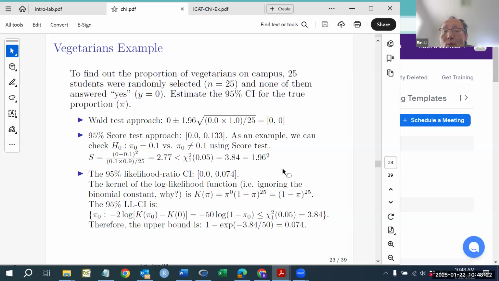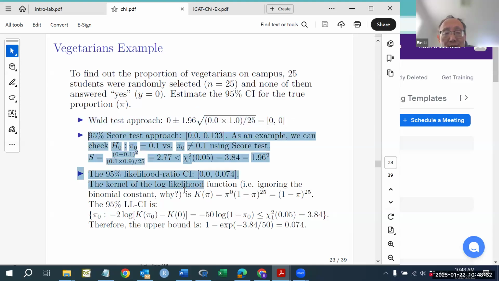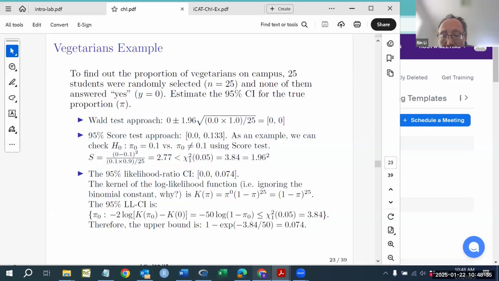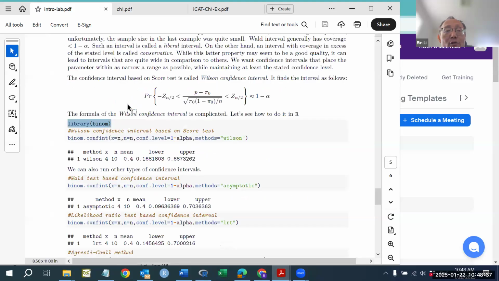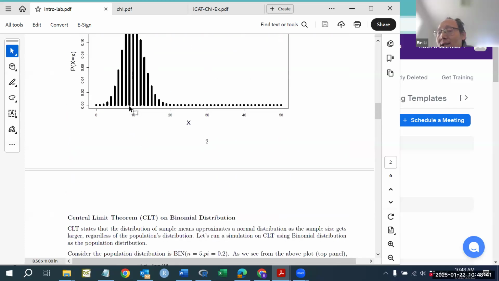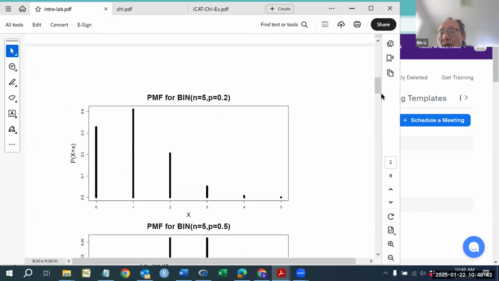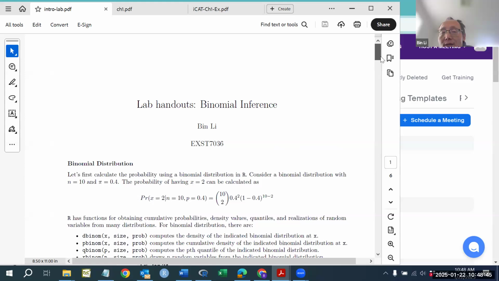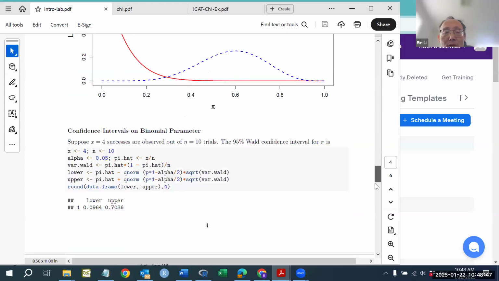And then you may ask, how can we do that using R? For the Wald test, we can do that by hand. But what about these? That's why we have the introduction lab handouts that I posted on Moodle.